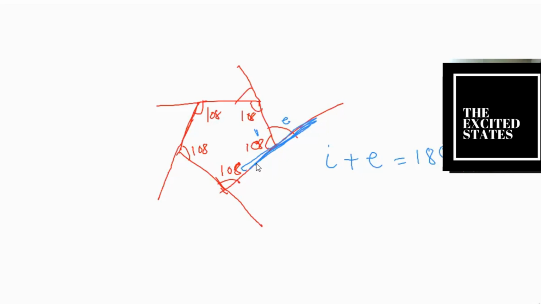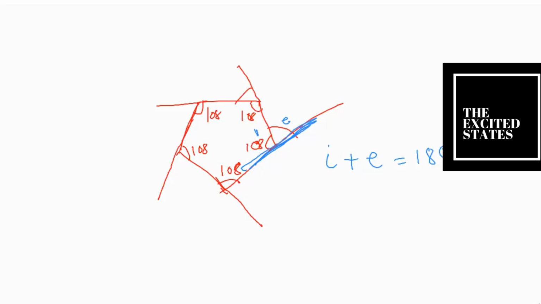Hello. One second, let me just stop the video. Are you here? What will be the exterior angle? 72 degrees. 72 degrees. I've just switched off the video so that the voice does not glitch. There's some network problem.